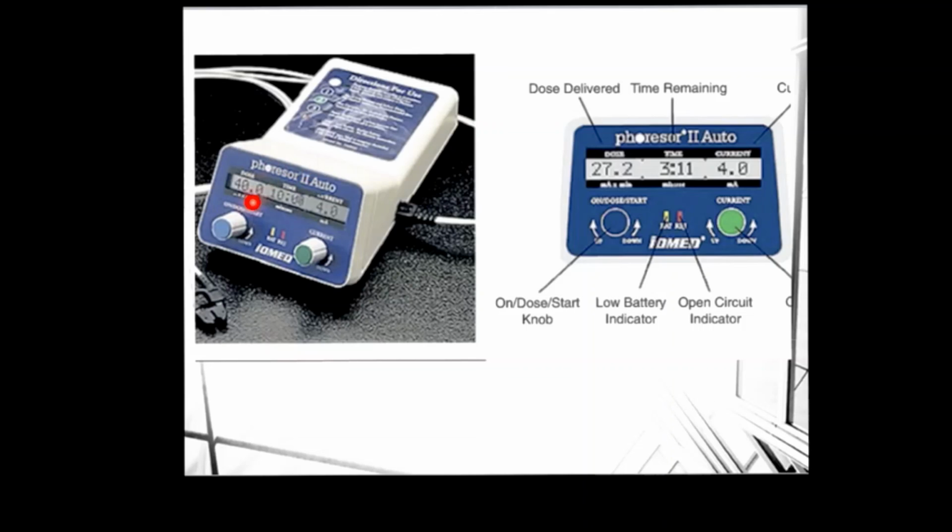You do not set the time necessarily, but you set the current. So as you increase the current and turn that up, the machine's going to automatically calculate this and decrease the time, or vice versa. So it's another inverse relationship between time and current.